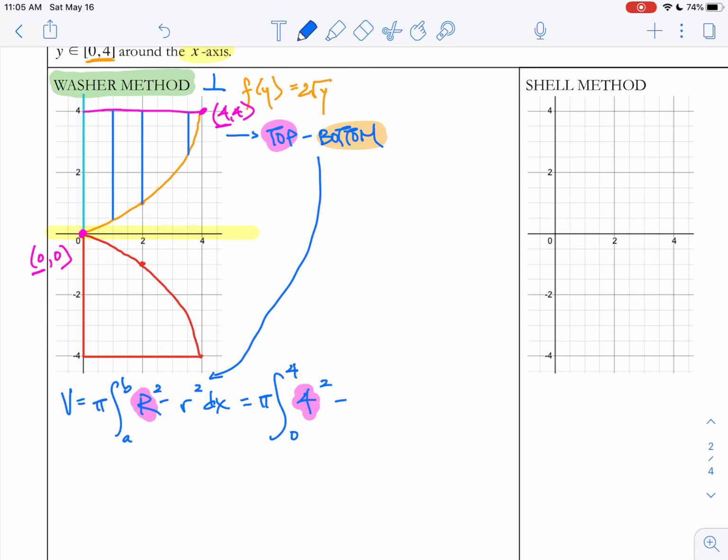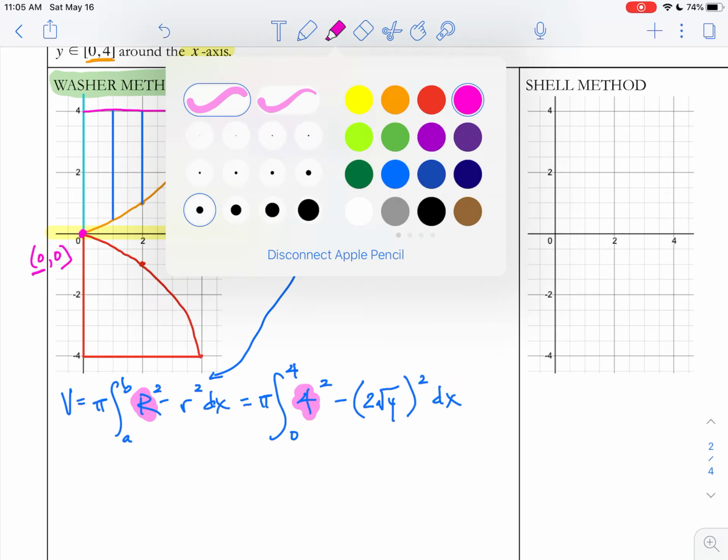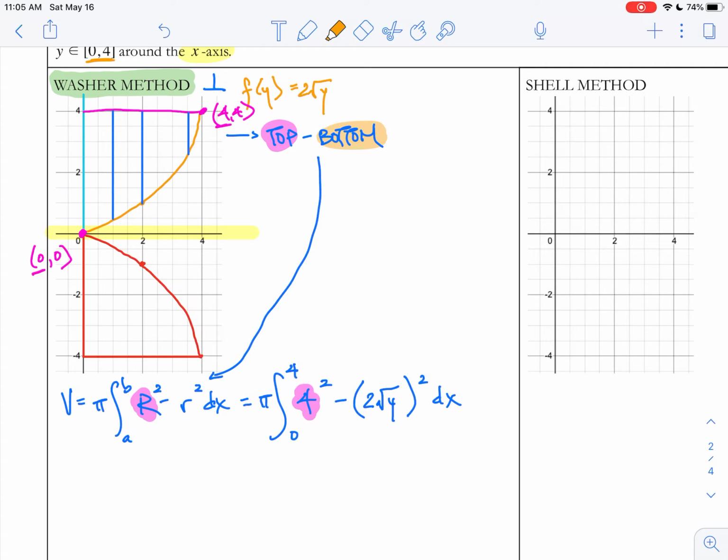Minus the little r is the one that is closer to the axis of revolution, and in our case, that's the orange function. So 2 square root of y squared dx. All right, now that means, again, little r is 2 square root of y, or the bottom curve.